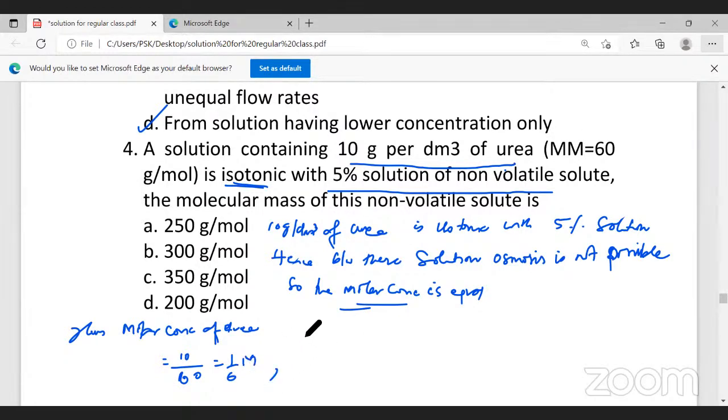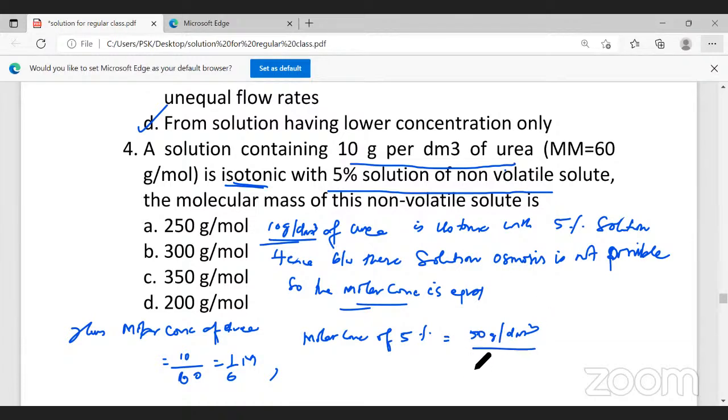Now, molar concentration of 5% non-volatile solute. When we say 5%, it is 5 grams per 100 ml, or 50 grams per decimeter cube. Here they've given in terms of decimeter cube, that's why we have to convert this. 5% means 5 grams per 100 ml, but for a liter, it's 50 grams per decimeter cube.